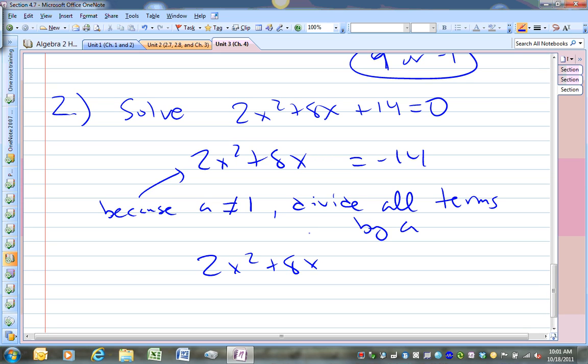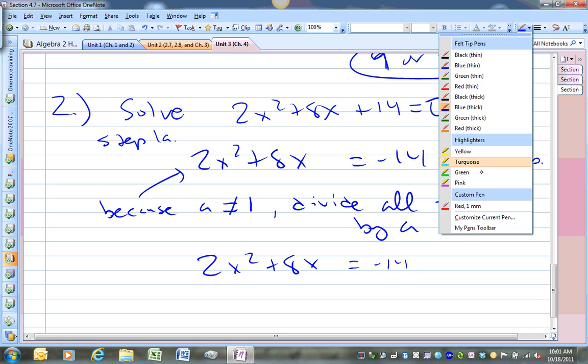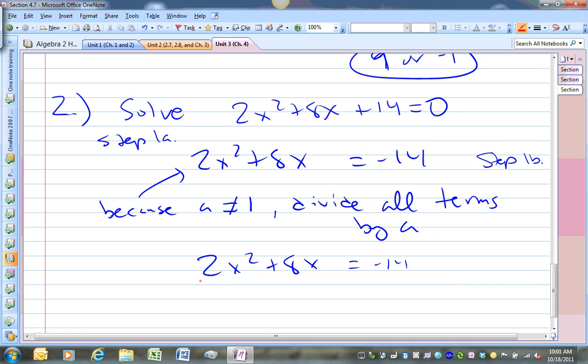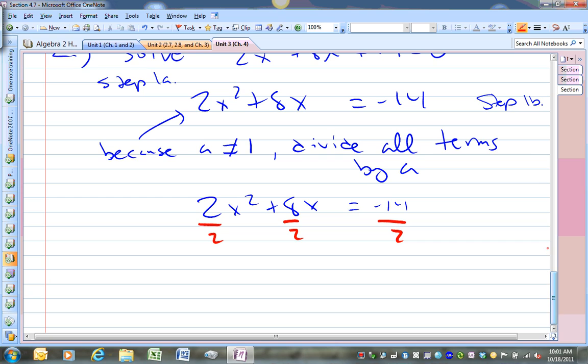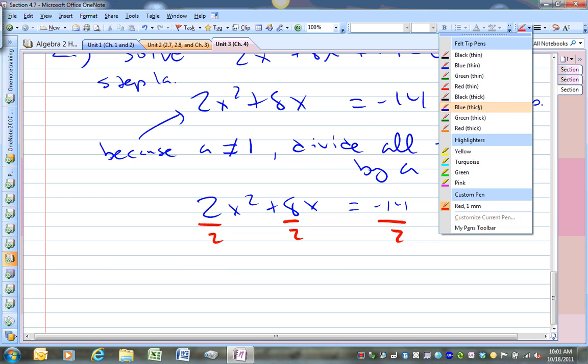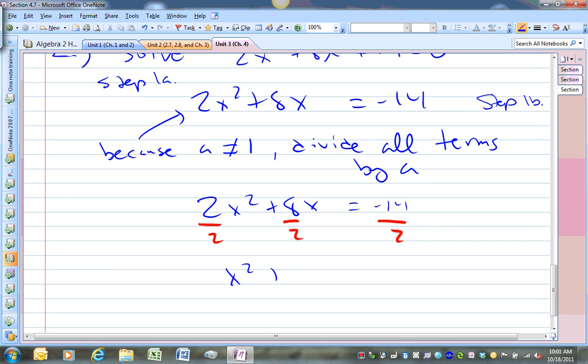You can call this step 1b, and that was step 1a. So if I divide by 2, it's fair treatment. You're doing it to both sides, or everything, right?